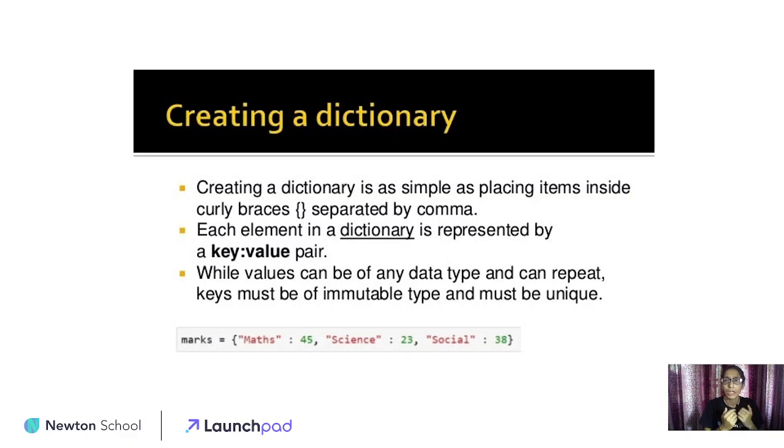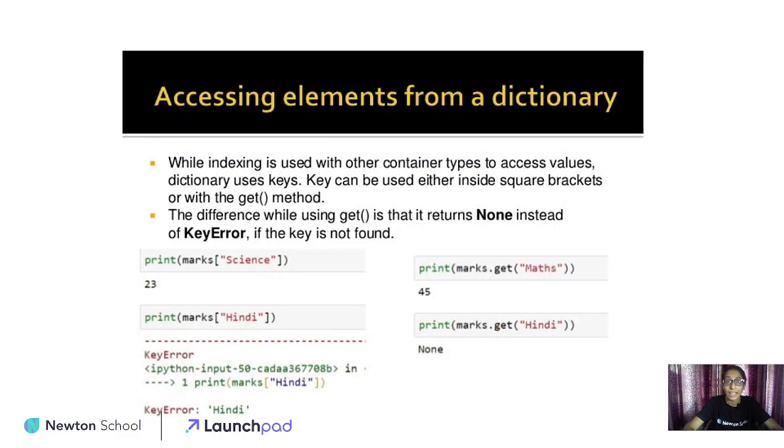Suppose I write name equals Anshika, so it has a key and a value. This pattern keeps repeating as pairs. Keys must be unique elements.